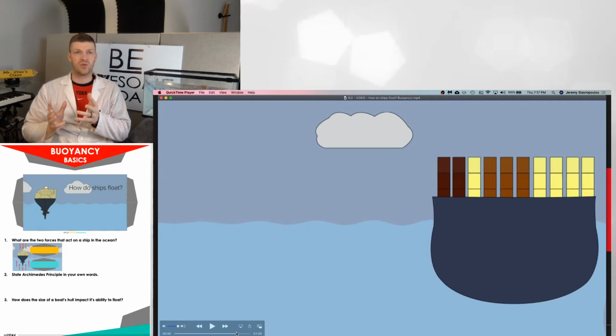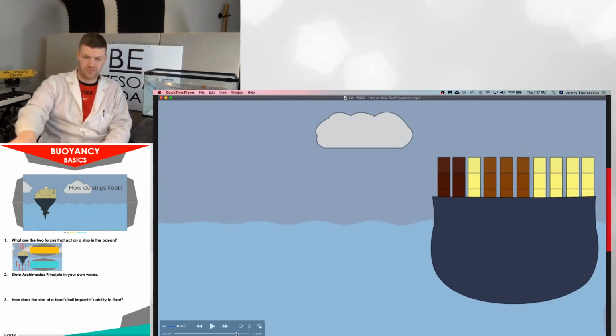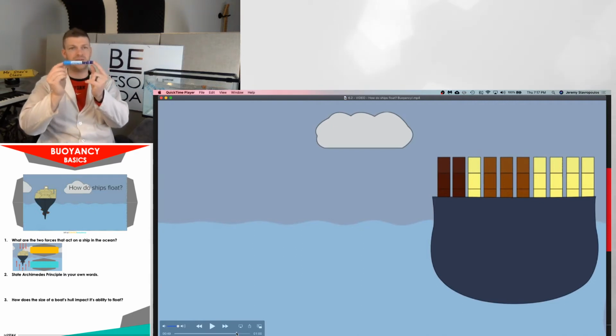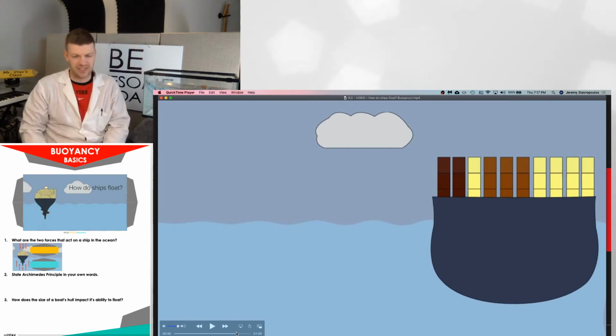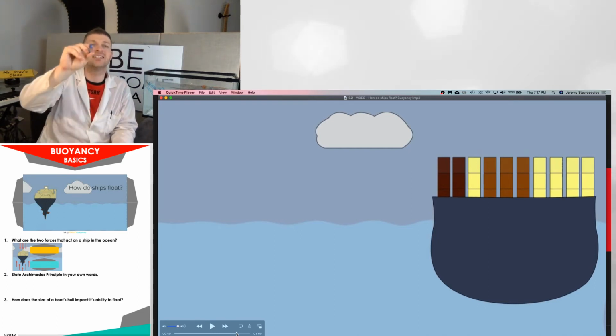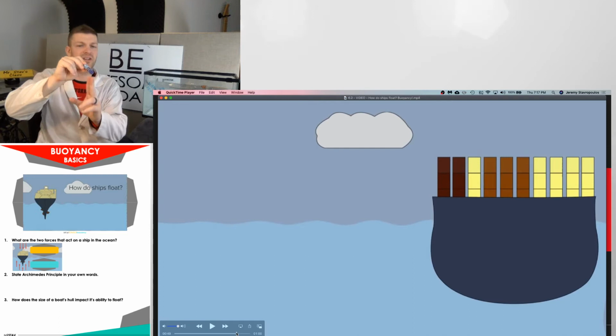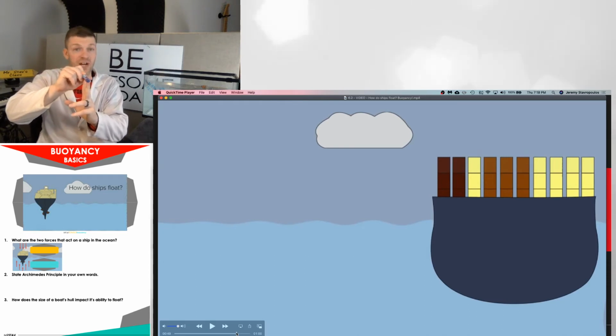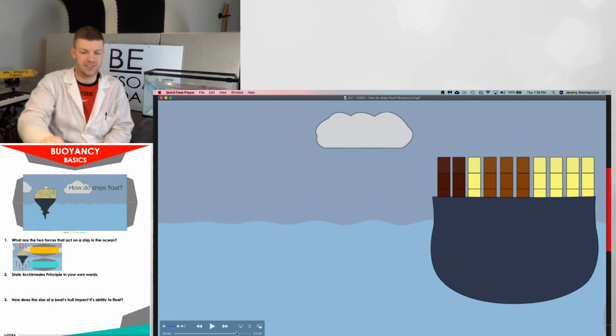Okay, so you don't really want to be carrying a heavy load in a tiny hull boat because it doesn't displace enough water for buoyancy to fight gravity. Okay?